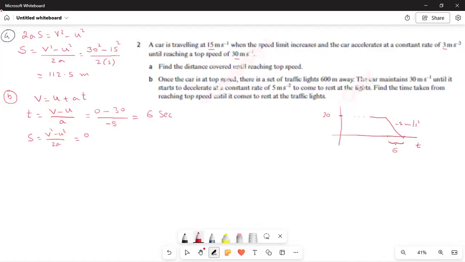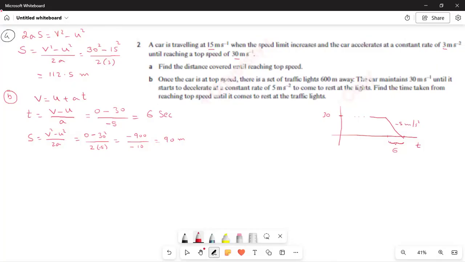So my final speed is 0 and initial speed is 30, and acceleration is 5 meters per second squared, and of course it is negative 5 because it is decreasing. On the top I have 900 and on the bottom I have minus 10. So it is going to be 90 meters. In the last 6 seconds, when the car was decelerating, it traveled a distance of 90 meters.